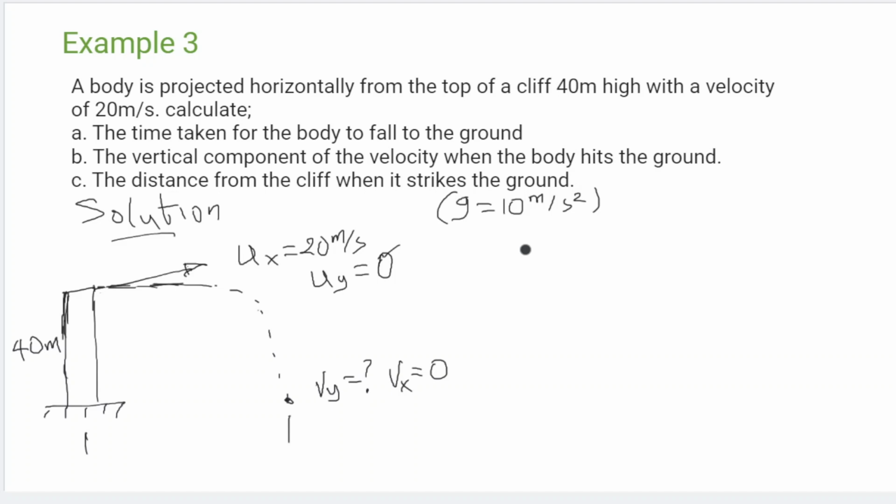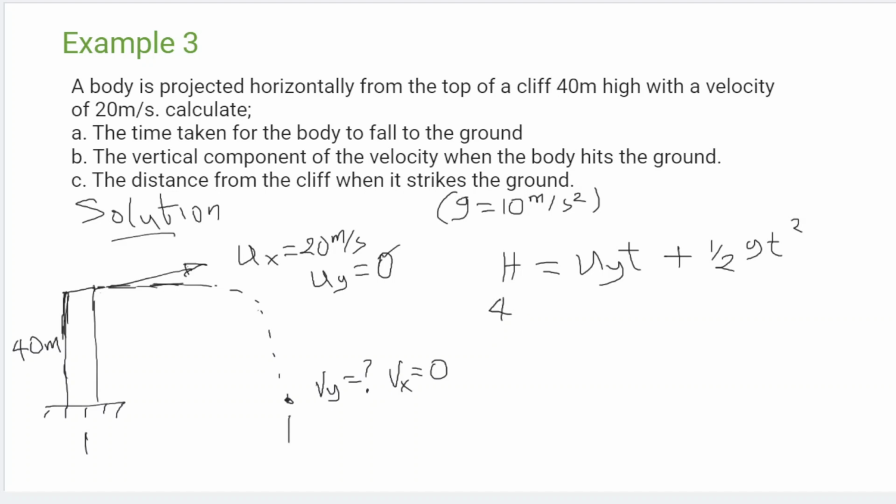We use the equation h equals u_y times t plus, since the motion is going down, plus half g t squared. Now h, which is our height, is 40.